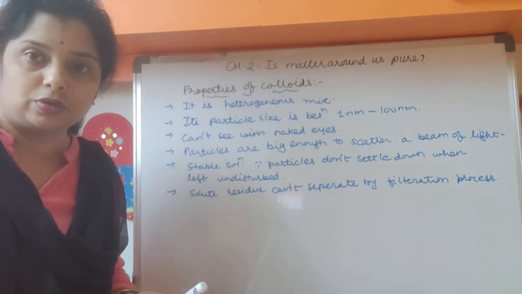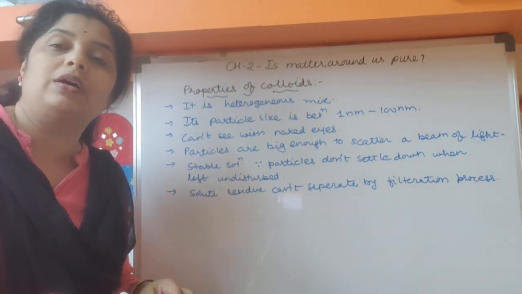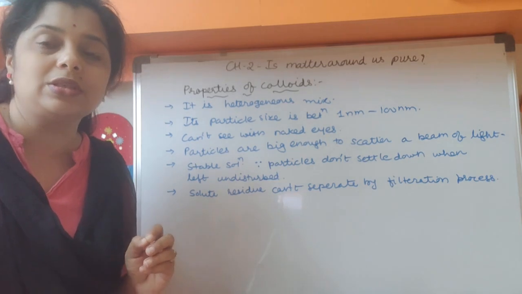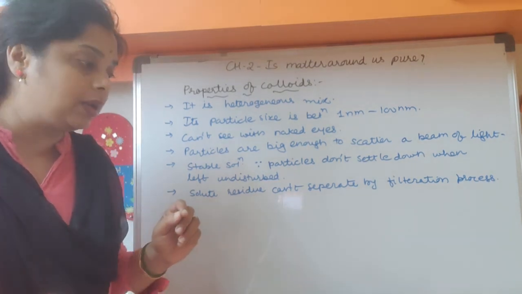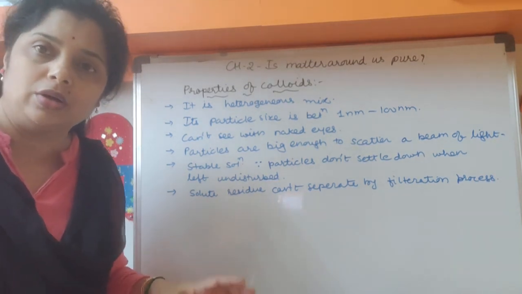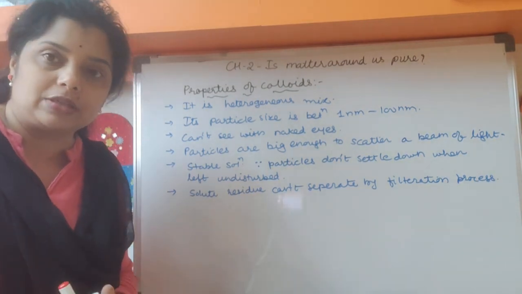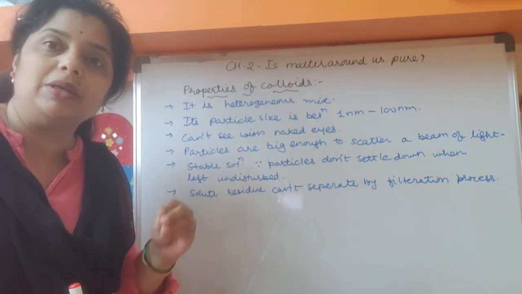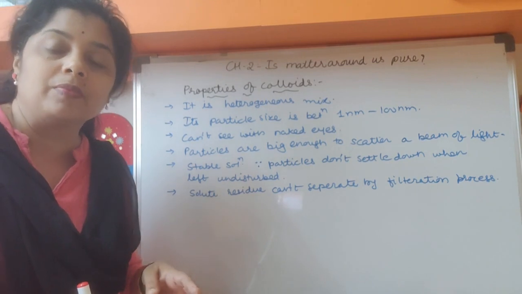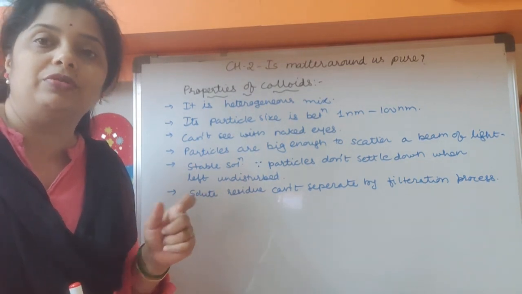It is a stable solution. Colloidal solutions are called stable solutions because when we leave a colloidal solution undisturbed, even after 5 minutes or 10 minutes or even an hour, we cannot see two different layers.